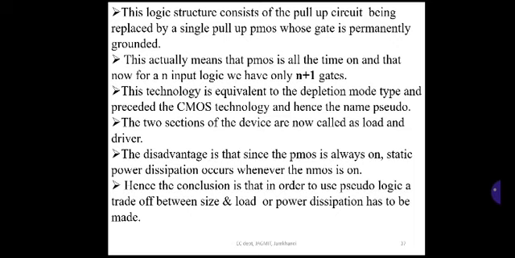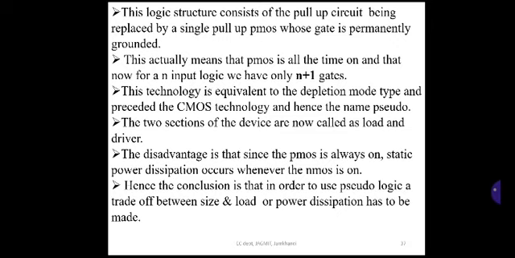So this logic structure consists of the pull-up circuit being replaced by a single pull-up PMOS whose gate is permanently grounded. As you have seen in the figure, the upper transistor, which is called the pull-up transistor and which is PMOS type, has its gate permanently grounded.